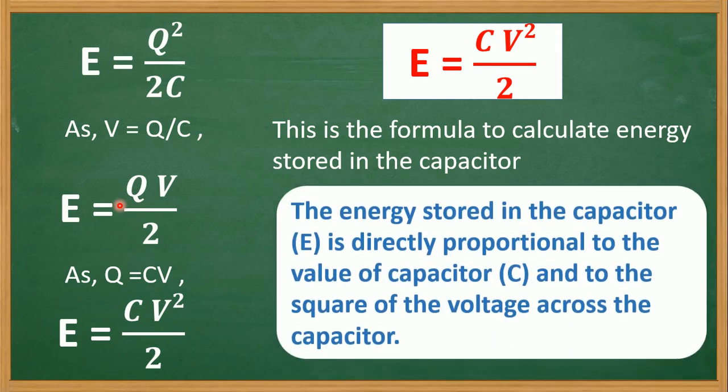From this formula, we can also conclude that the energy stored in the capacitor is directly proportional to the value of the capacitor and to the square of the voltage across the capacitor.